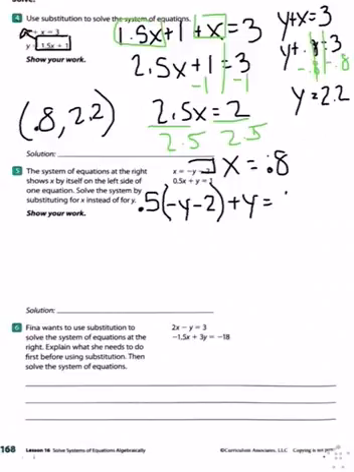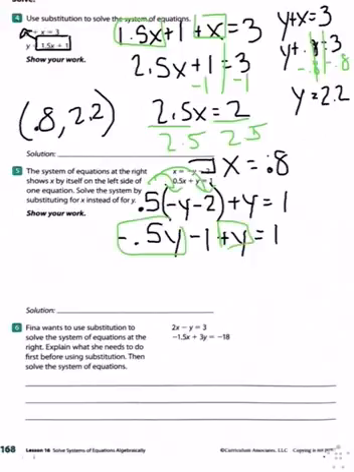plus y equals 1. I'm going to distribute to both numbers in the parentheses, and I get negative 0.5y minus 1 plus y equals 1. I can combine my like terms, negative 0.5y and 1y.